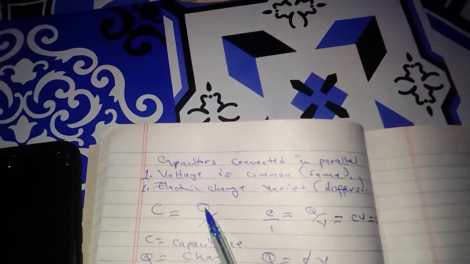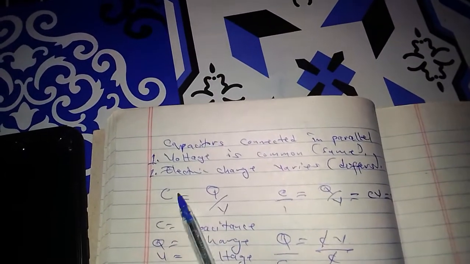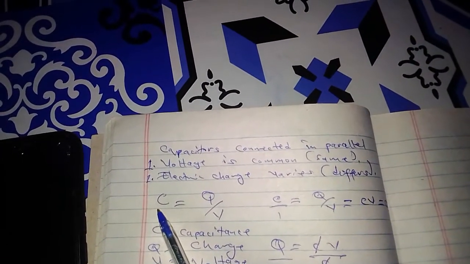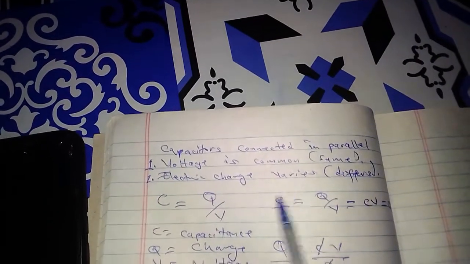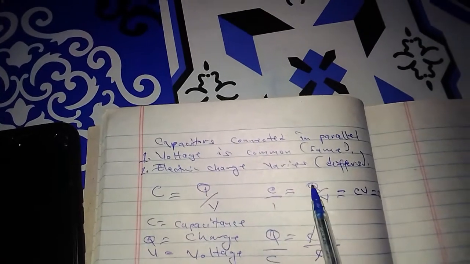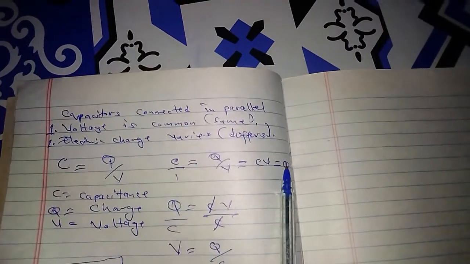If you are looking for electric charge, we have to do cross multiplication. Any letter or number standing alone is over 1. So C here is over 1. Cross multiplication, C times V, then Q times 1 is the same number.